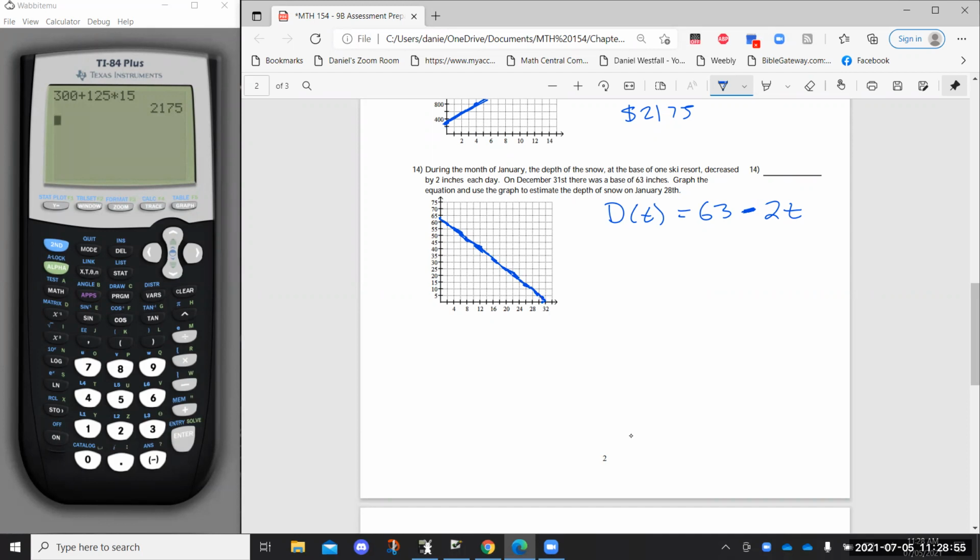I messed up the slope slightly, but I'm close. It should go away in 31 days because 31 times 2 is going to be 64. 63 minus 64 is practically 0. It should go away right before that, right?